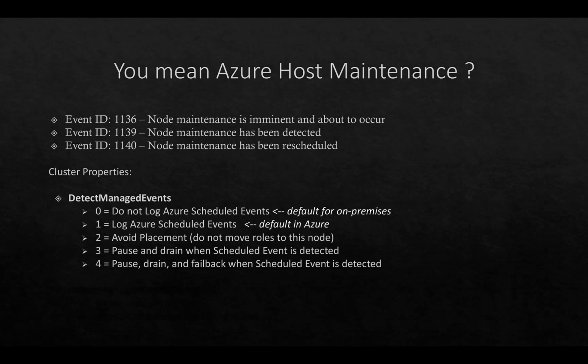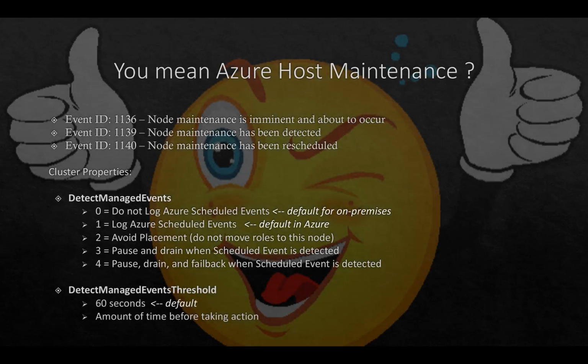Same thing. We detect it, we pause the node, move all the roles off, but we will actually fail it back to the node when that scheduled event is concluded. Again, this is a very good thing.